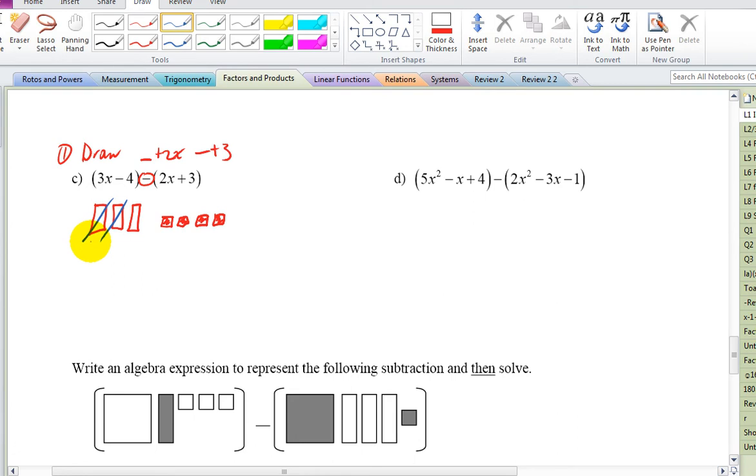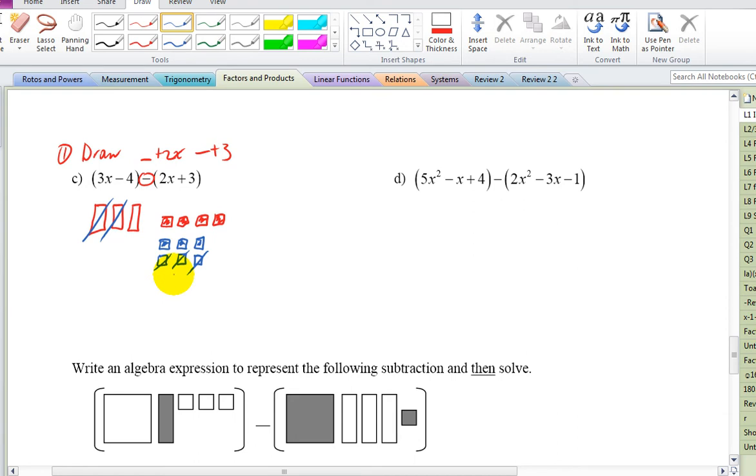Okay. Now you want to take away 3 positives. Are there any 3 positives to take away? No. So what I have to do is I have to draw a 0 pair. And I want to draw 3 of them. Whoops. Because then I can take away 3 0 pairs. Sorry, take away 3 positives. So 1, 2, 3.